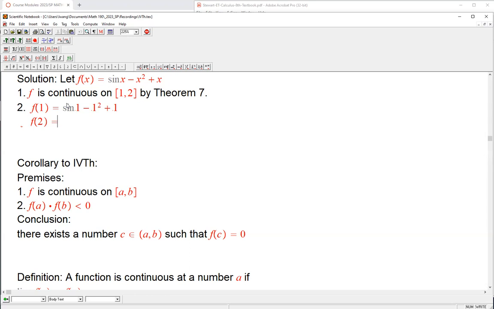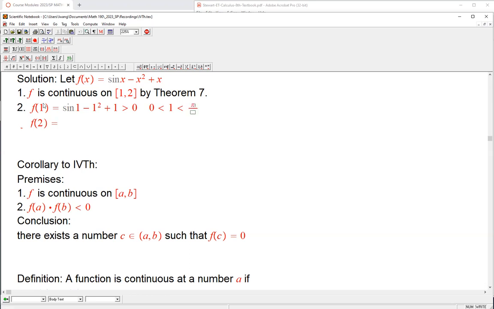If 1 is a radian, what is sine of 1 if you estimate it? Well, 1 is less than pi over 2, which is 3.14 divided by 2, about 1.57. So this is definitively positive, because the radian 1 is larger than 0 and less than pi over 2.